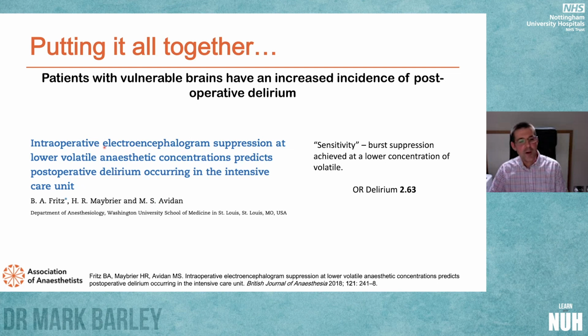So if our patients are producing an isoelectric EEG or a positive burst suppression value at what we consider to be a normal or satisfactory age-adjusted MAC or propofol concentration if we're using TIVA, then this is an at-risk brain. He demonstrated that the odds ratio for delirium in this cohort was some 2.6 times higher than if patients didn't have burst suppression. So these vulnerable brains have an increased incidence of delirium.